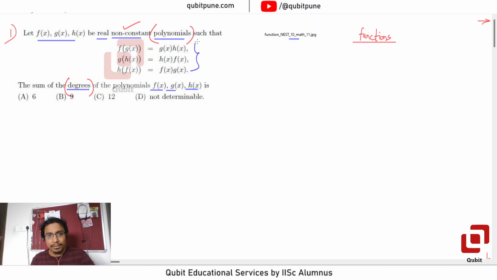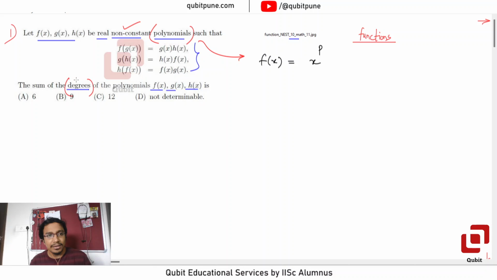Now let us say our polynomial f of x has degree p. I'm only talking about the degree now, because when we take the composition of f and g, it is enough if we write down the highest power terms of both f and g.